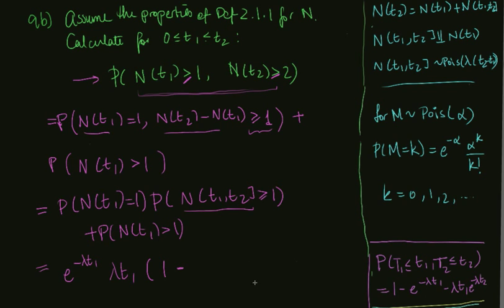I find that probability by plugging 0 into the Poisson distribution's point probabilities, where I look at the Poisson distribution with parameter lambda times (t2 minus t1), right? So that is e to the minus lambda (t2 minus t1).